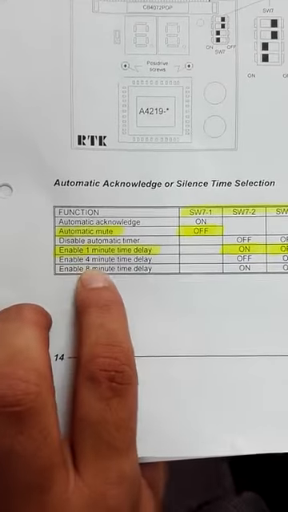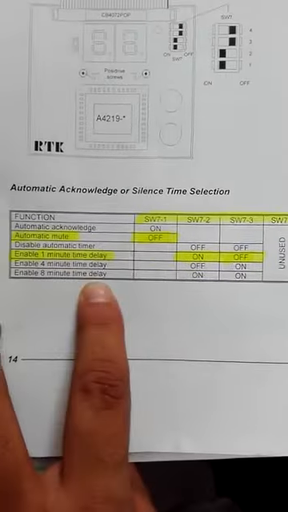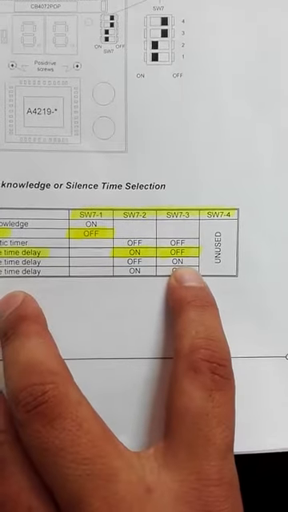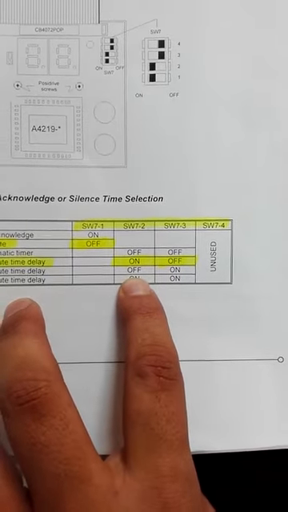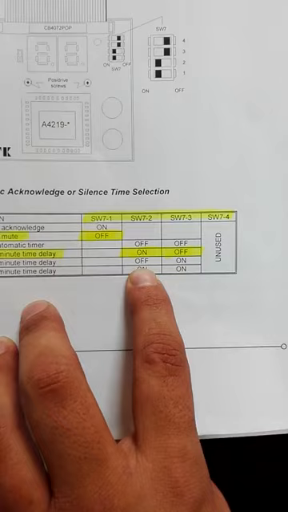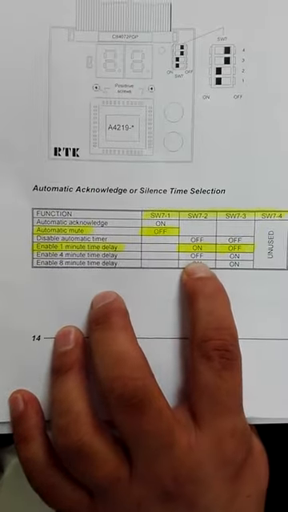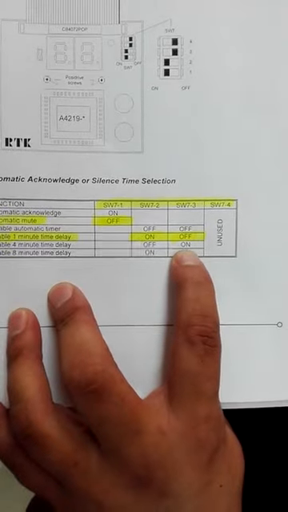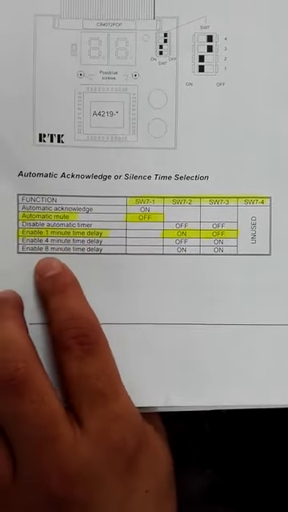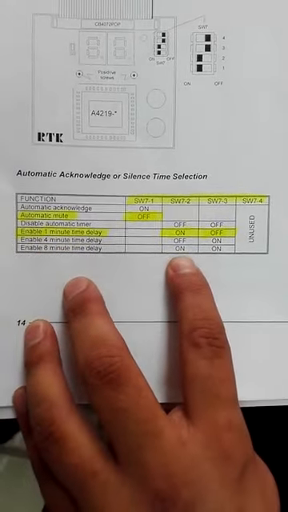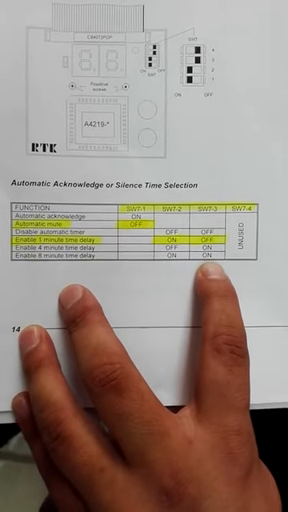Similarly, enable 4 minute time delay and enable 8 minute time delay. For the 4 minute time delay, switch off switch 2 and switch on switch 3. For the 8 minute time delay, switch on switch 2 and switch on switch 3.